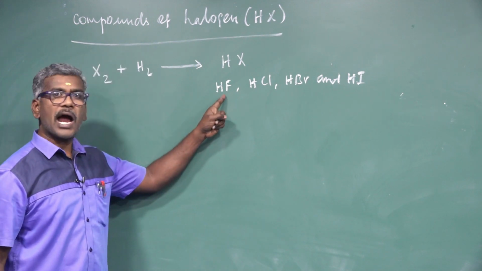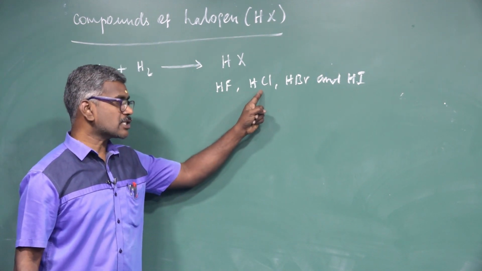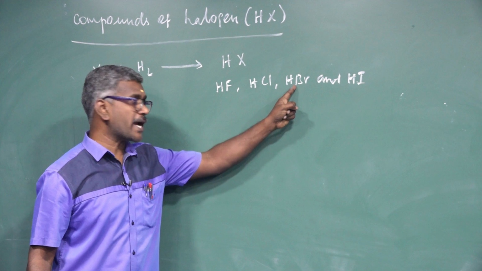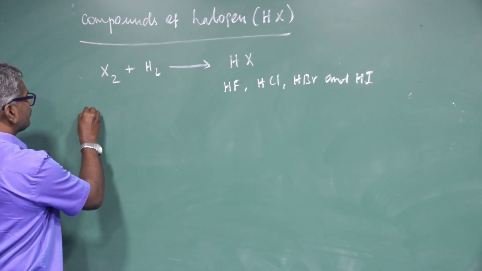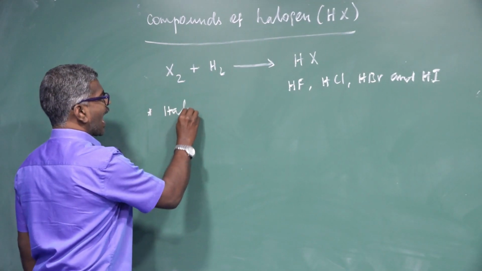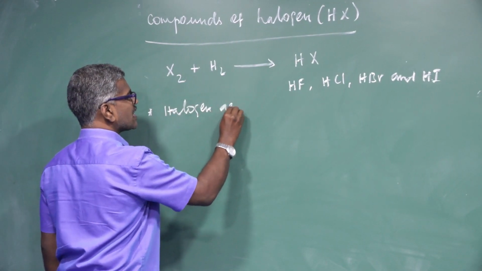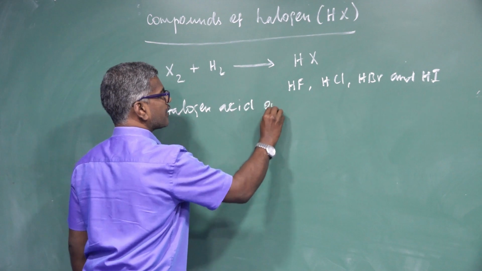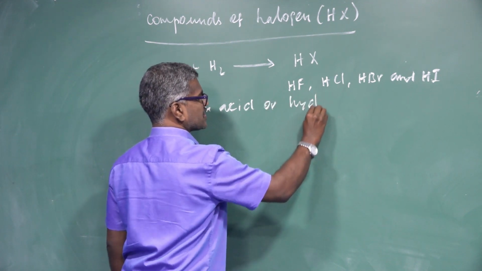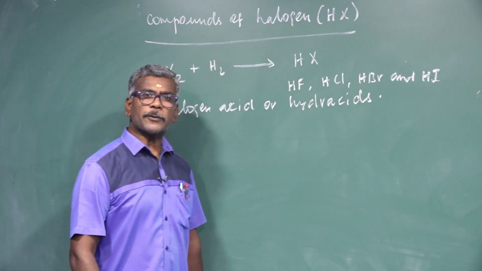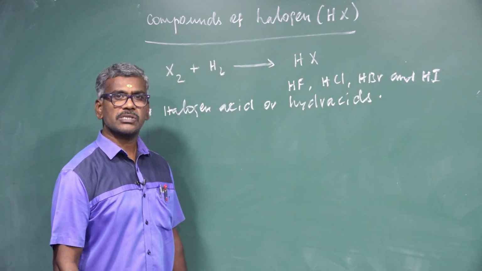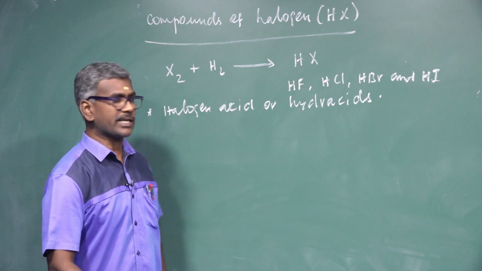The names are hydrogen fluoride, hydrogen chloride, hydrogen bromide, hydrogen iodide. Another name is halogen acids or hydroacids. How to prepare all these compounds, we will discuss now.